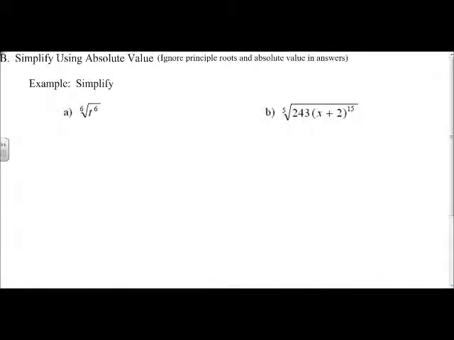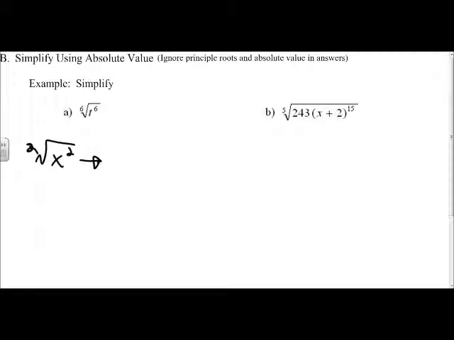Let's go on to the next ones here. Simplify using the absolute value. These ones should be fairly quick. If we look at, we have a sixth root of t to the sixth. Anytime that you have the roots on the outside, that'd be the same as saying, so let's say we have a square root, that's a 2, square root of x squared.